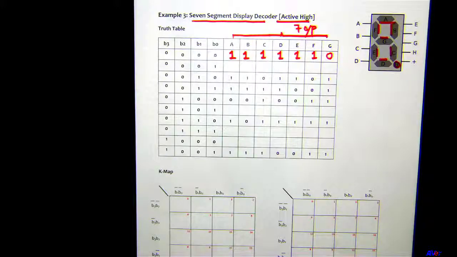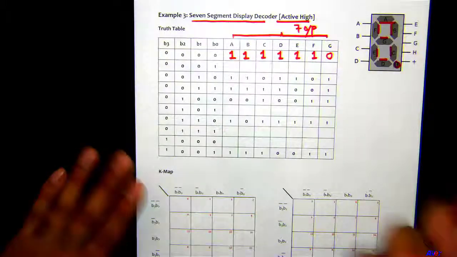B and C, right? Or F and E. So we got 2 options here, right? You can either do FE or you can do BC. We usually do BC for it.